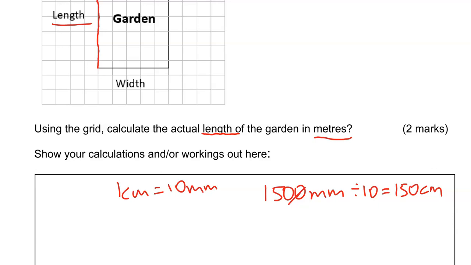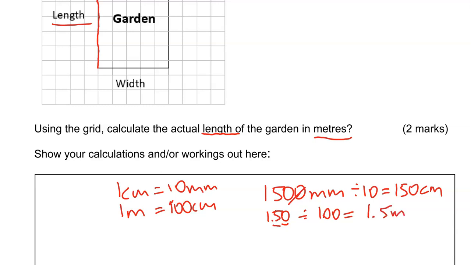Now, in 1 meter, there are 100 centimeters. So that's like how many cents in a euro, or years in a century. So if I divide 150 by 100, that means moving the decimal point 2 places to the left to make the number smaller, so I get 1.5 meters.